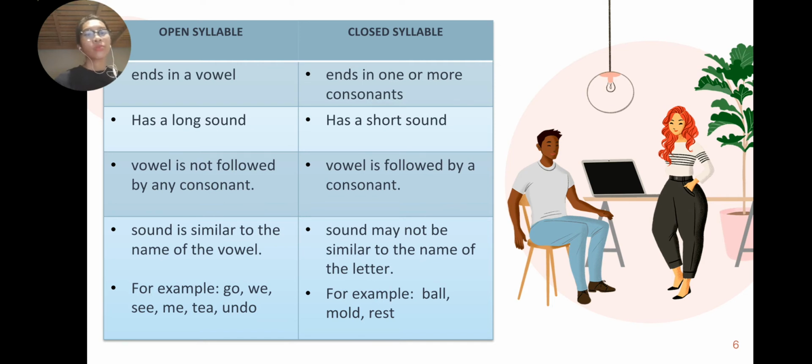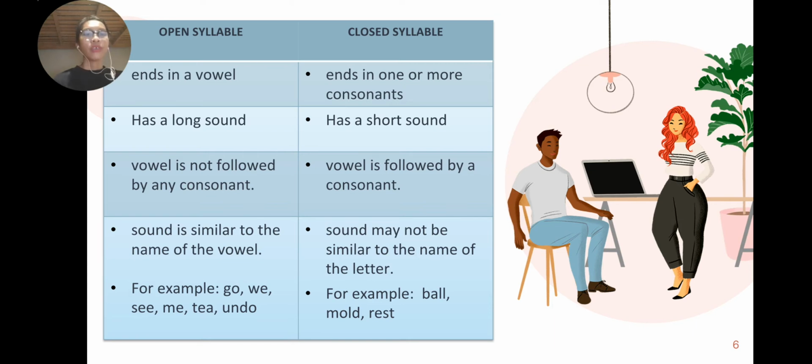All of these words end in a vowel, have a long sound, and are not followed by any consonant. And the sounds are similar to the name of the vowel. So for example, letter O in go, letter E in we, see, me, tea, and undo. Okay?